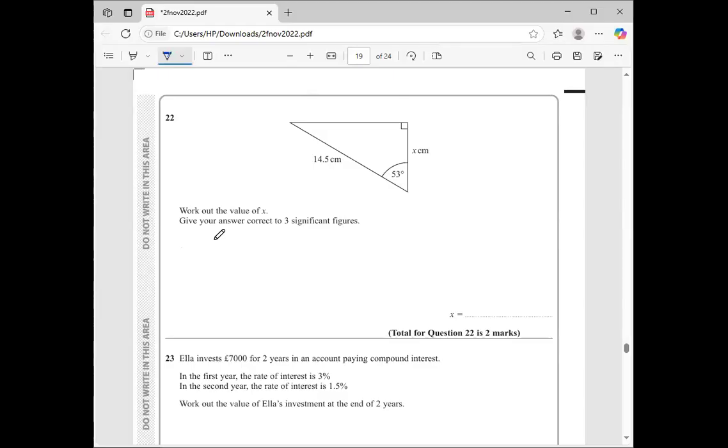Don't worry, let me just remind you. Do you remember this acronym?